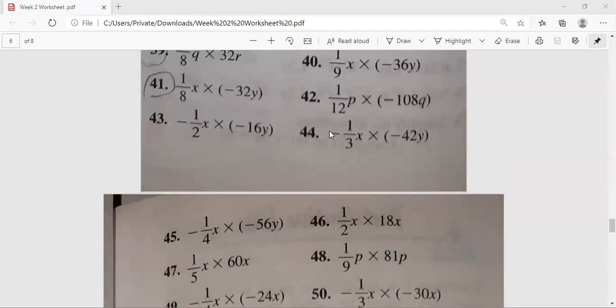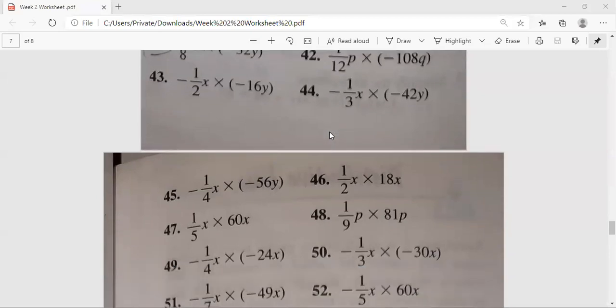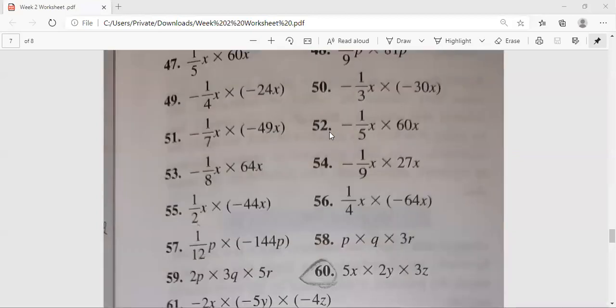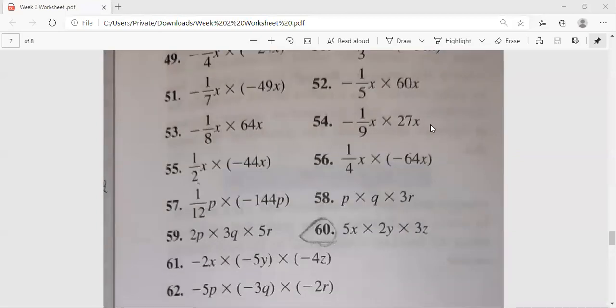All right, this one is interesting. What about number 58? Do it mentally. Multiply the numbers.